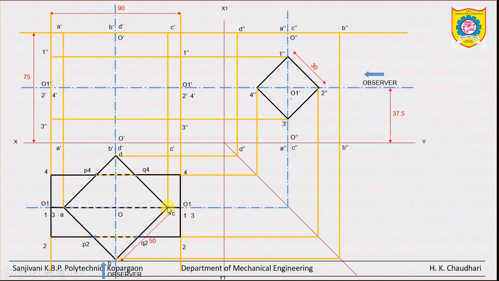Now we are going to complete the front view of this intersection. So draw the respective intersecting points. First of all, take this point as P-1. Clear? Why P-1?